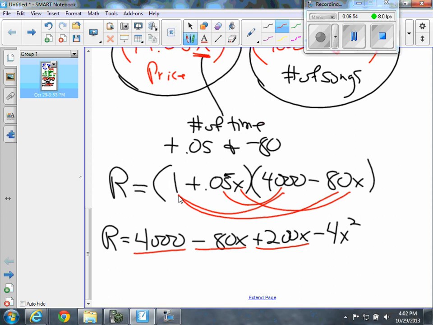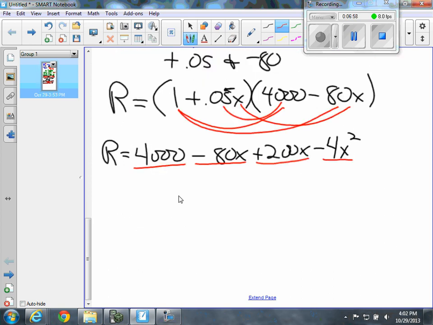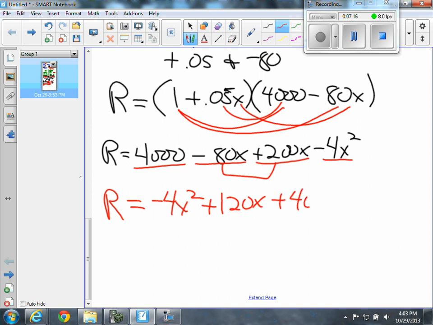And my last, negative 4x squared. I think it'd be much better if we write that in standard form. So I get R is equal to negative 4x squared, and combining the two like terms, plus 120x plus 4,000. So there it is in standard form.